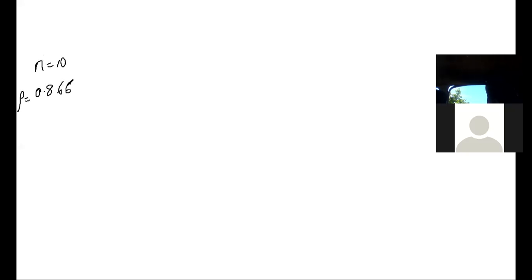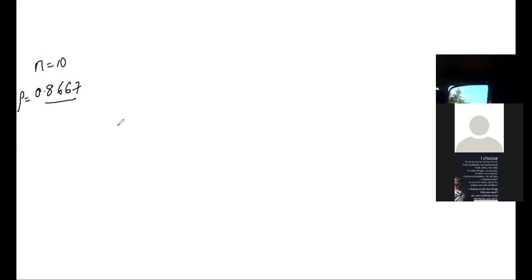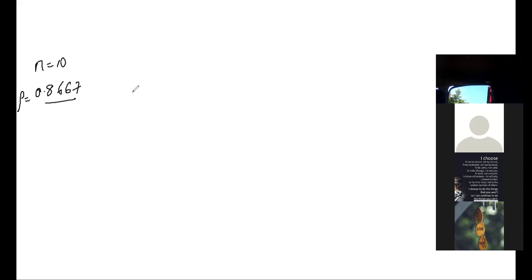Yeah, but I wanted to check an example by having n is 10, and then maybe I have a correlation of 0.8667. I can take a consideration of the other table I've showed you.